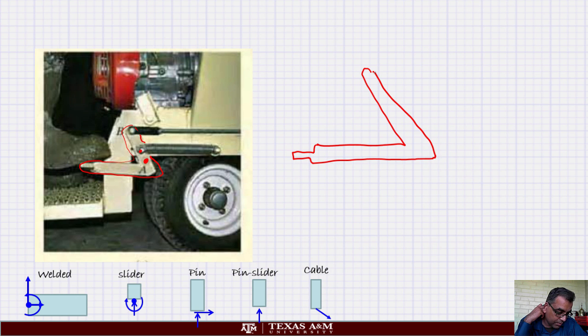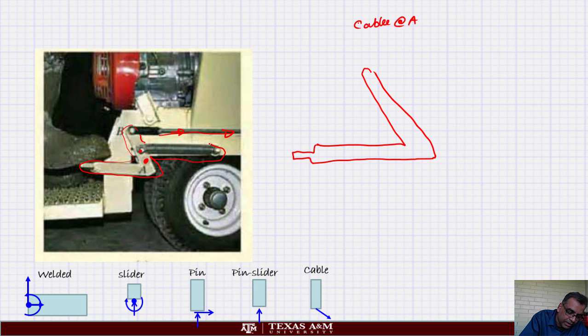Okay, that's my bar. So notice this is like a cable. So I'm going to draw cable at A. How do you know it's like a cable? Can you see this long thread like thing going? I'm thinking that's like a cable.